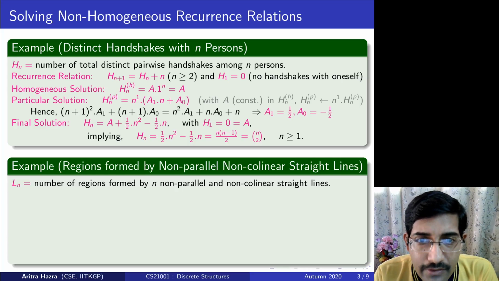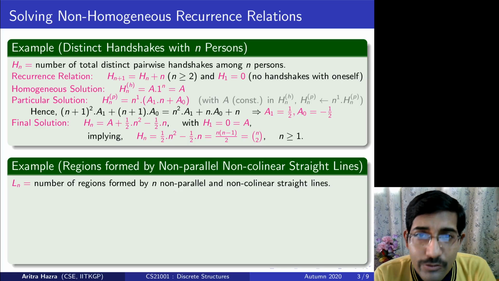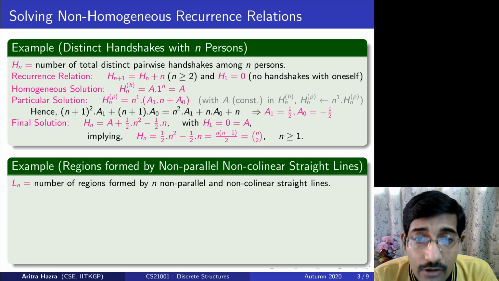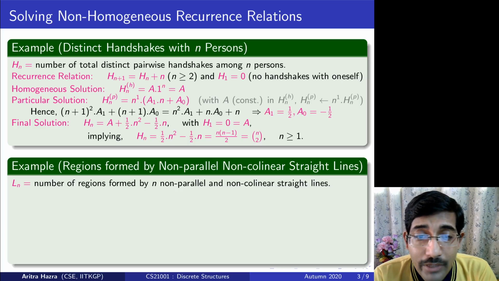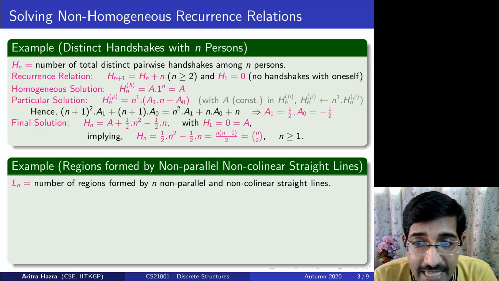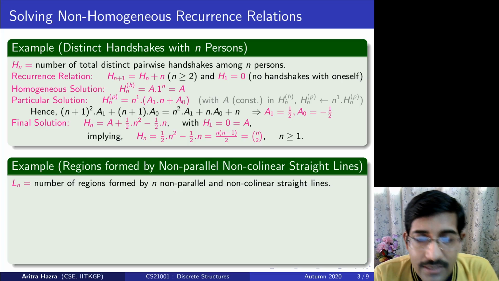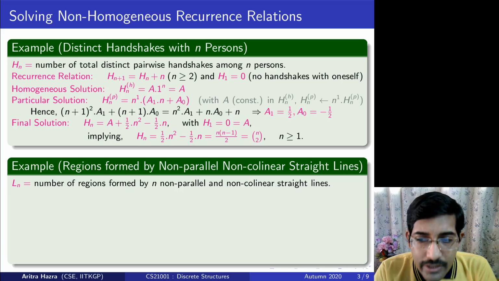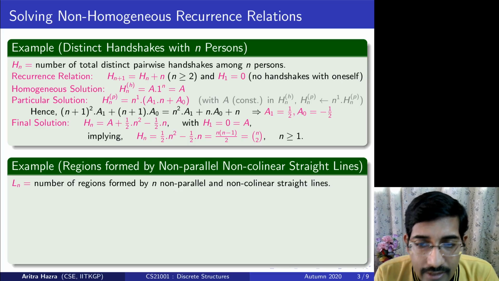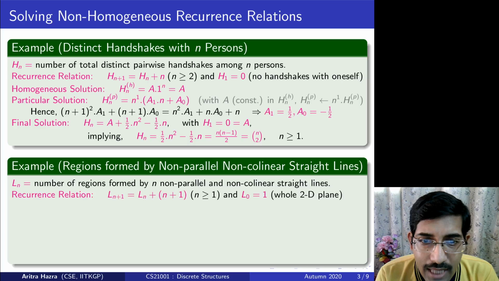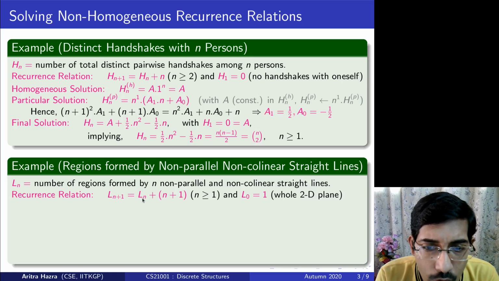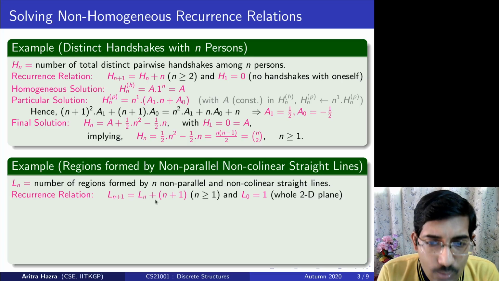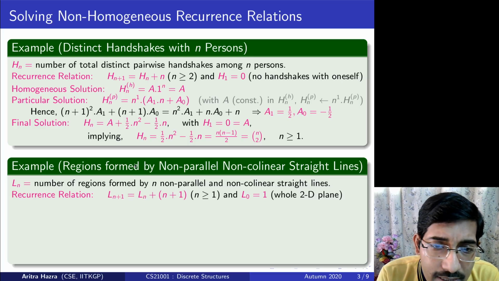Let us try to see another example. The same example that we had in our first lecture, where we want to find the maximum number of regions possible by straight lines in a 2D plane. The problem says that the regions are formed by non-parallel, non-collinear lines. If you remember, how do we define the recurrence relation? We say that when the n plus 1th line is introduced, it intersects with all other n lines, and while going for intersection, it increases one region, and while leaving the intersection from the last line, it also increases one region.